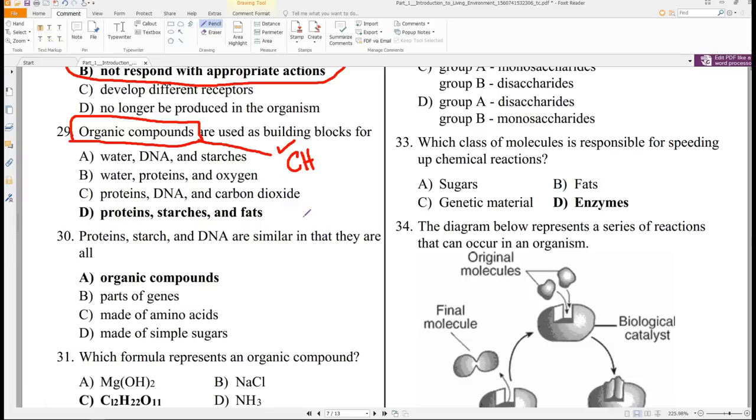They have carbon and hydrogen in their molecular structures. That's proteins, carbohydrates, which are also known as starches and sugars, and fats, which are also called lipids. Lipids are fats.